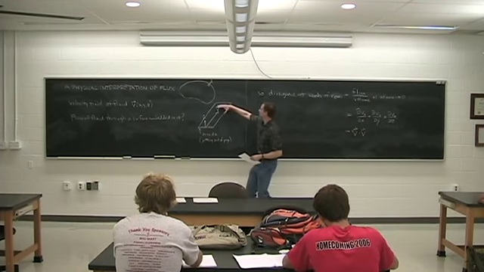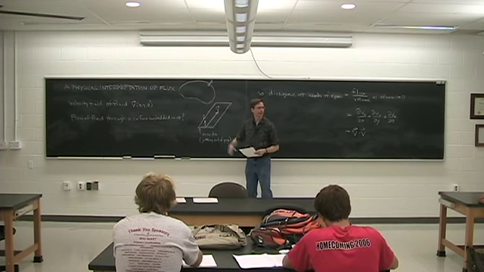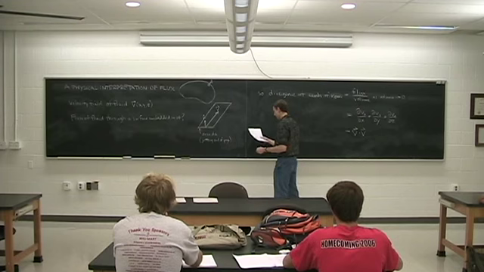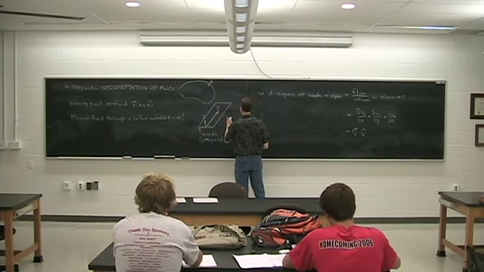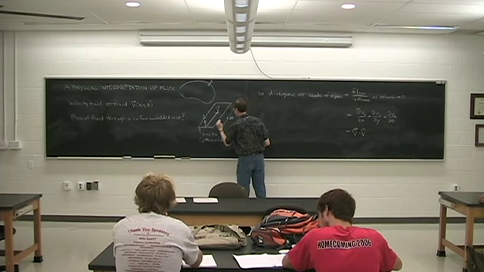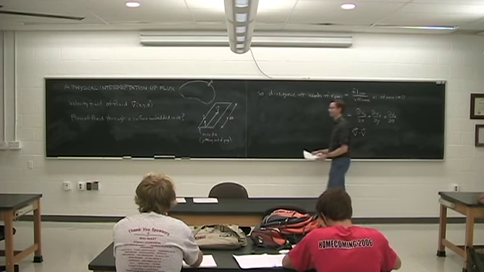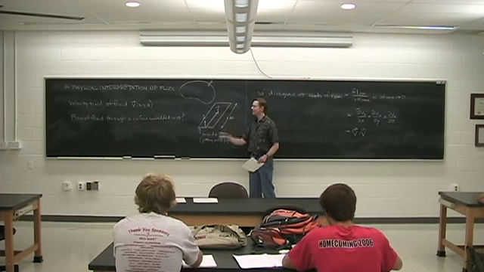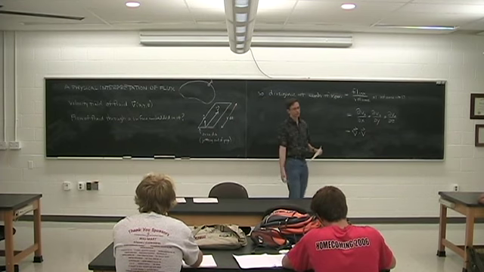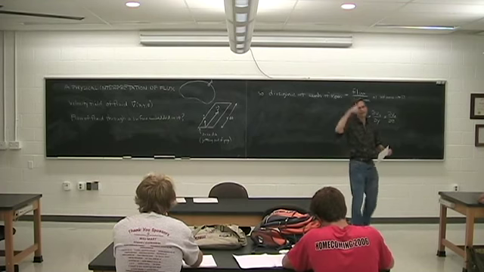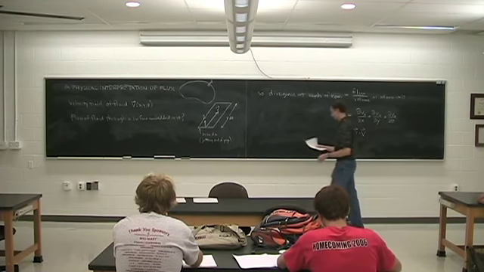This is really something sticking out of the page, not just in the page like that. v dt would be the length of this here, because in time dt, if the fluid is moving at velocity v, v dt is the total distance it travels.